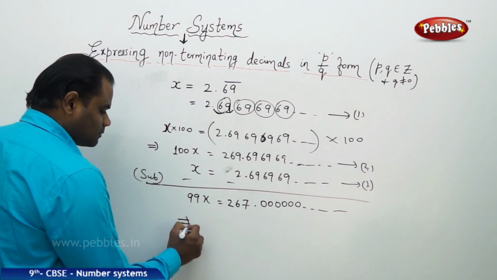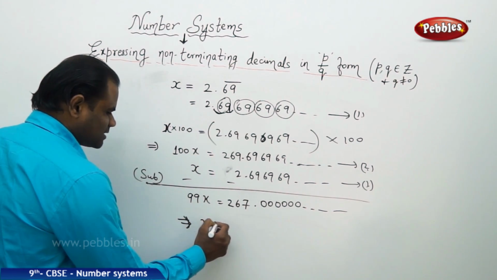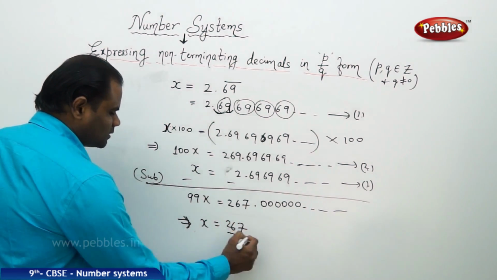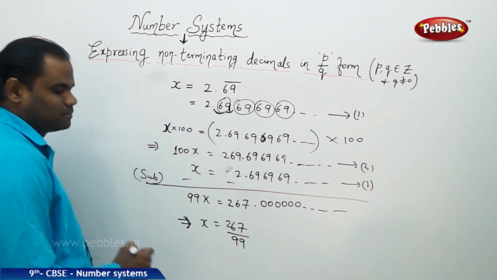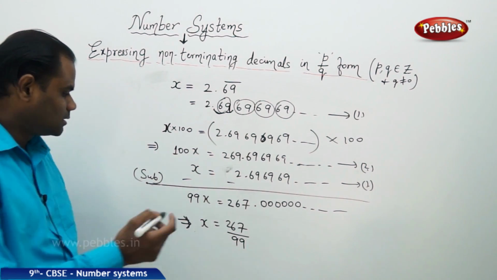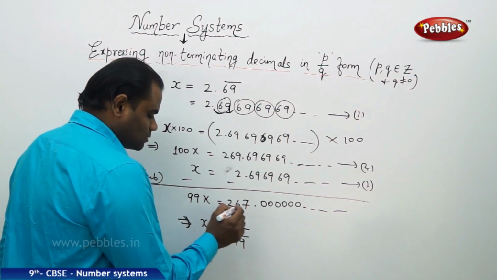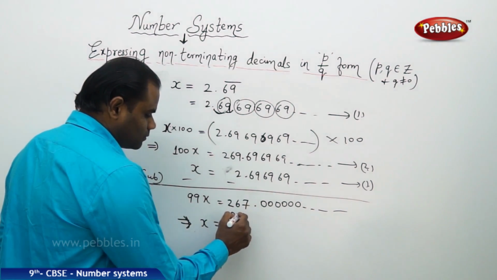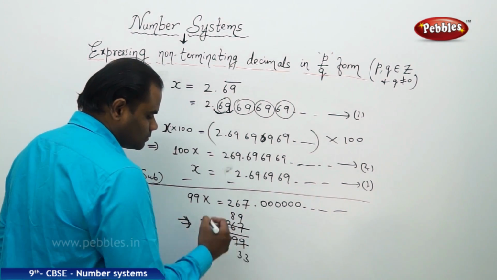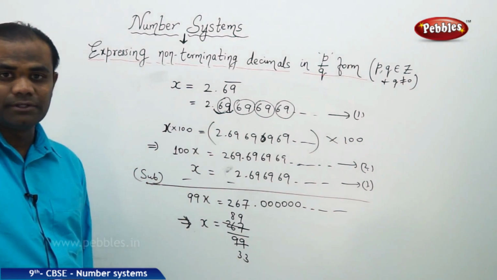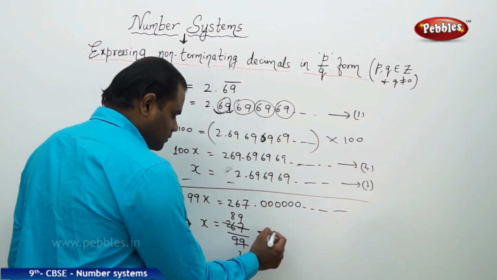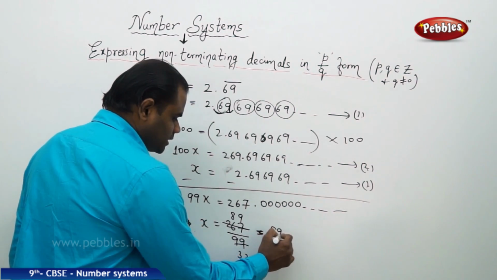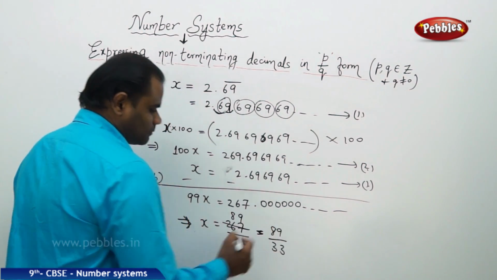So I get x equals 267 by 99, and I can further simplify this: 3 eights are 24, 3 nines are 27, and 3 thirty-threes are 99. Therefore, the most simplified answer for this is 89 over 33.